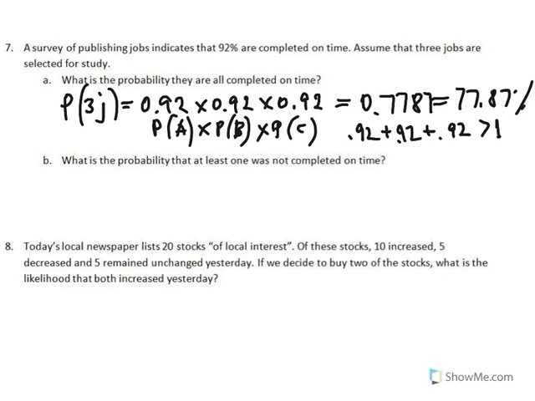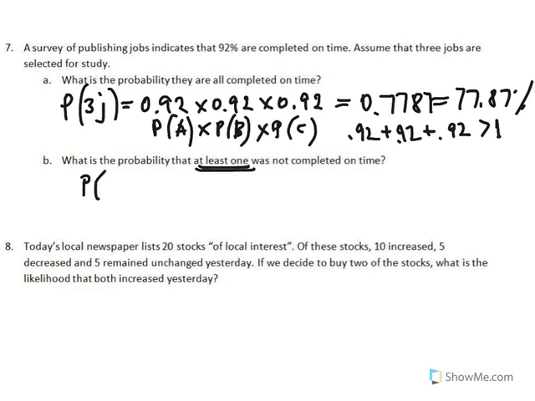B. What is the probability that at least one was not completed on time? Now this is a little bit difficult, but let's understand this. Here you have to apply the rule of complementary events. What does it mean, at least one? At least one is a complementary event of none, right?